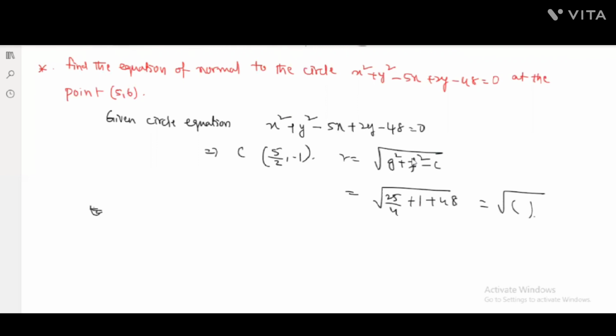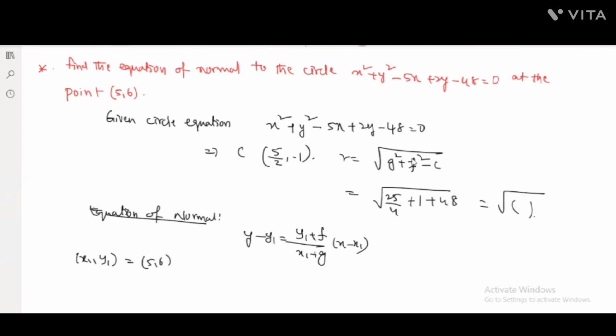So what is the equation of normal when a point is given? It is y minus y1 is equal to y1 plus f by x1 plus g into x minus x1. Actually here x1 comma y1 they are given 5 comma 6, and we know the center as 5 by 2 comma minus 1. So this is nothing but minus g comma minus f.